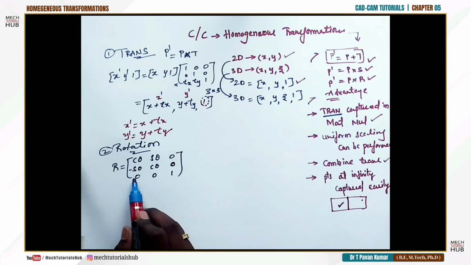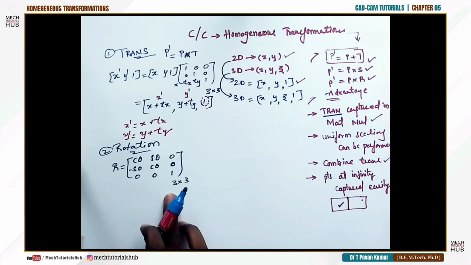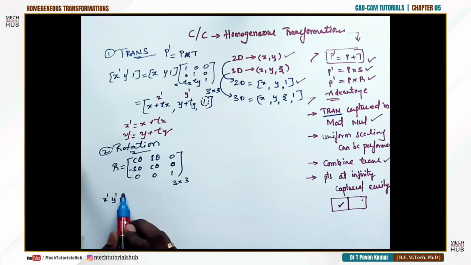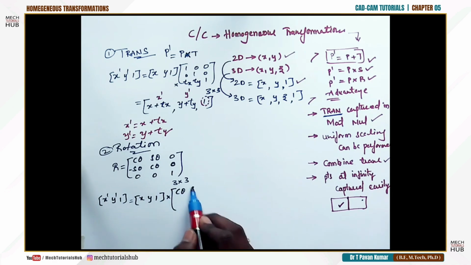Here again we are just adding one row and one column. That's it, nothing else. It is a simple 3 by 3 matrix. Now the same thing can be expressed as x prime, y prime 1, which is p prime, is equal to x, y 1, which is p, multiplied by the matrix cos theta, sin theta 0, minus sin theta, cos theta 0, 0 0 1.